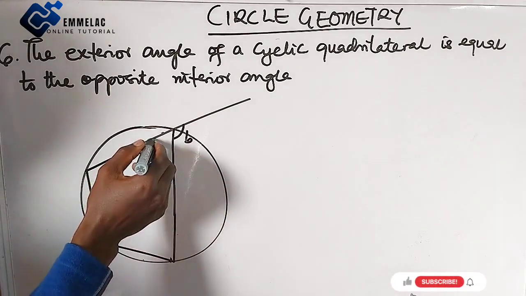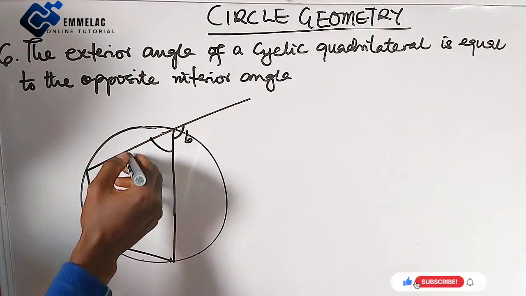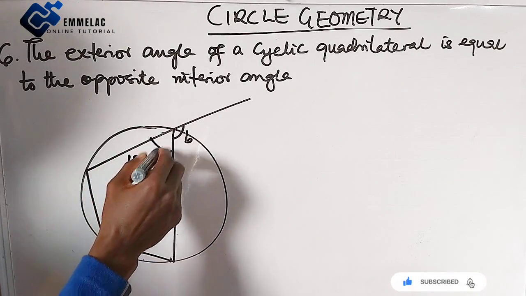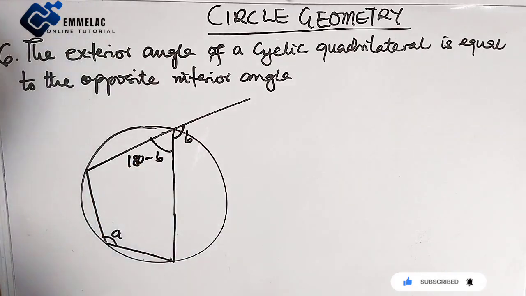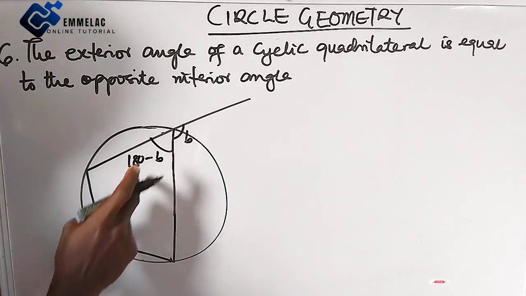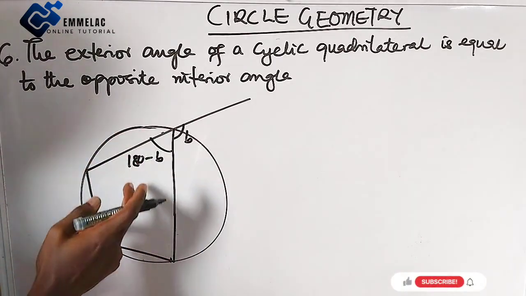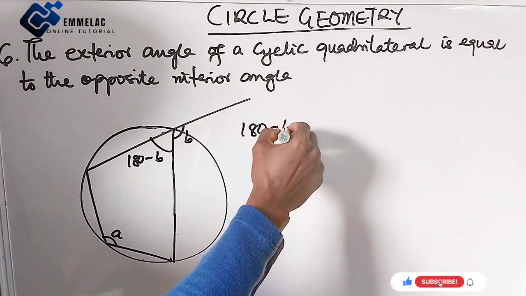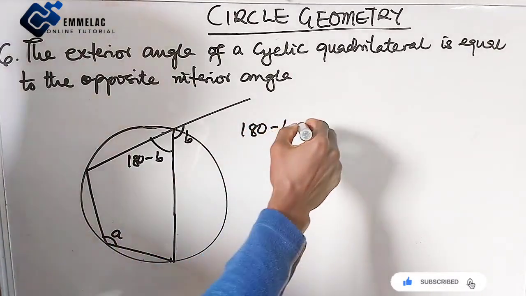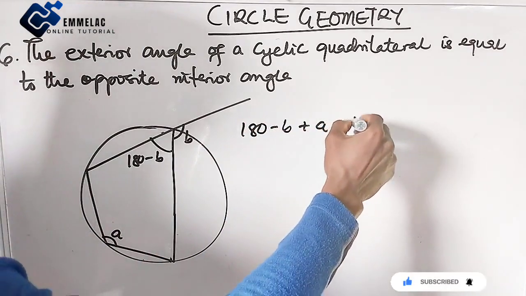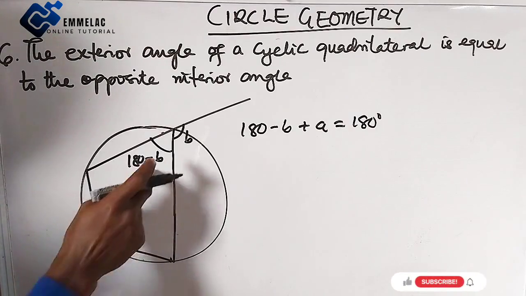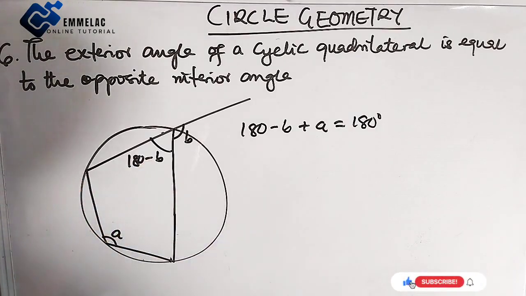We could also prove that. We know that angles on a straight line sum to 180, right? So here is 180 minus B. From theorem 5 we can say 180 minus B plus A equals 180, which is that opposite angles of a cyclic quadrilateral are supplementary, or equal to 180.